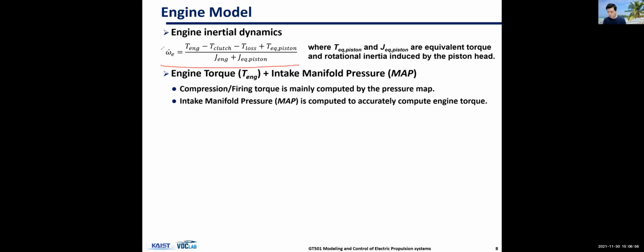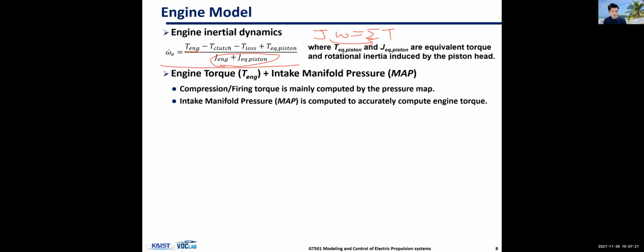This is the Euler equation, engine dynamics. It's just the summation of all the torque. J omega dot equals summation of torque, and J is here, right? So this is easy.